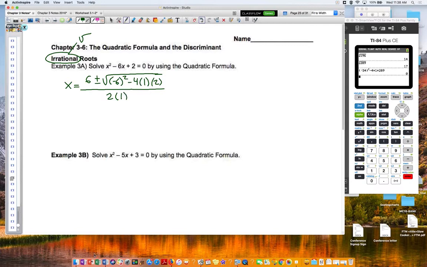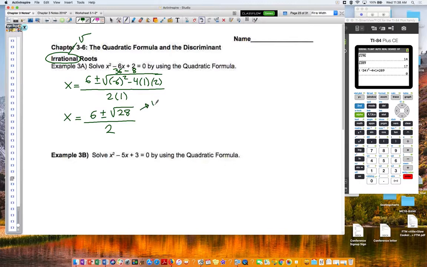So now, I'm going to simplify the radical here. Negative 6 squared is 36, minus 4 times 1 times 2 is 8. So right now, I have x equals 6 plus or minus the square root of 28 all over 2. Notice how 28 is not a perfect square.